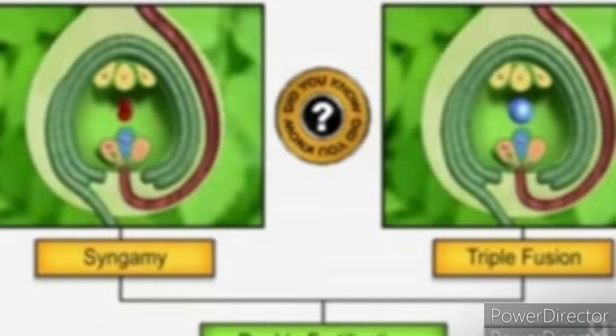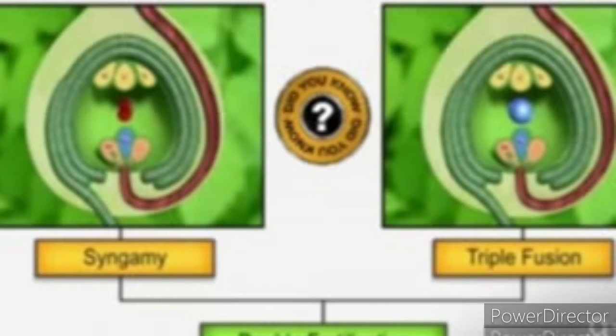As a result, the diploid cell, the zygote, is formed. The other male gamete moves towards the polar nuclei located in the central cell and fuses with them to produce a triploid primary endosperm nucleus.